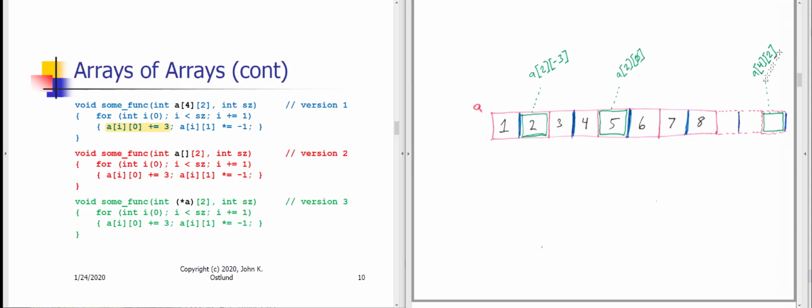Now, remember that A is an array of 4 arrays of 2 integers. If you made the mistake of accessing the element A sub 4 sub 2, forgetting that the subscripting goes from 0 up to n minus 1, well, that element exists in memory, but it's actually 3 integers past the end of the actual memory that's been allocated for A. Okay, the first 2 ints are A sub 0, then the next 2 ints are A sub 1, A sub 2, A sub 3.